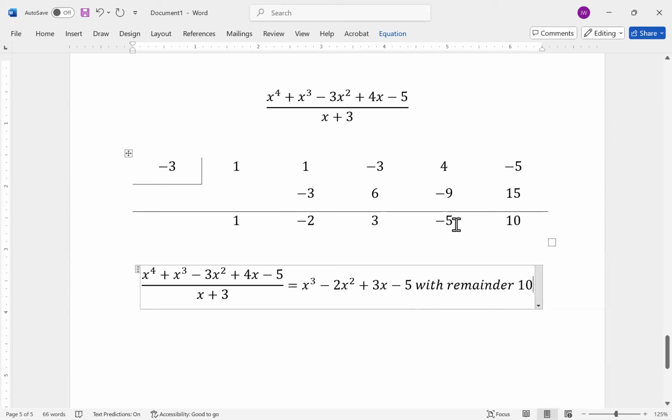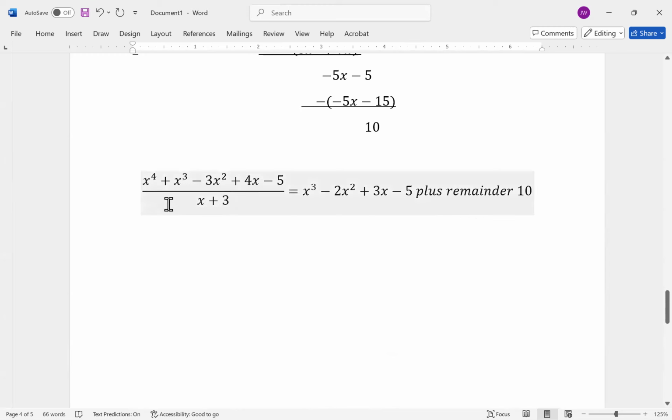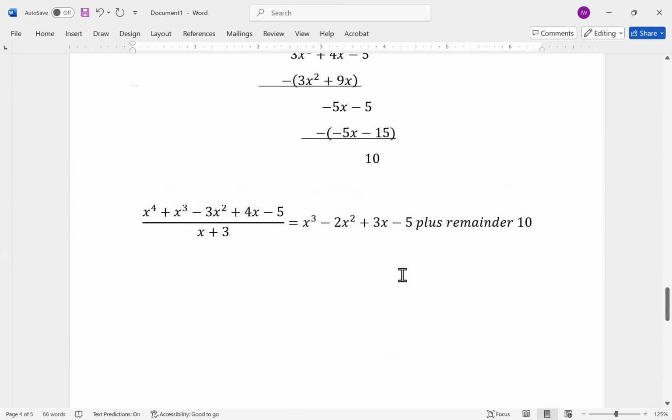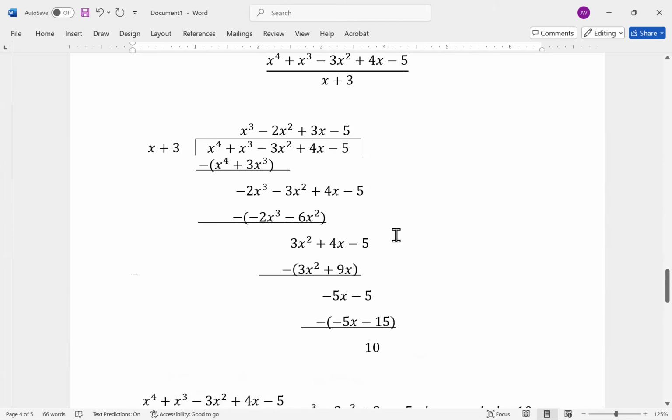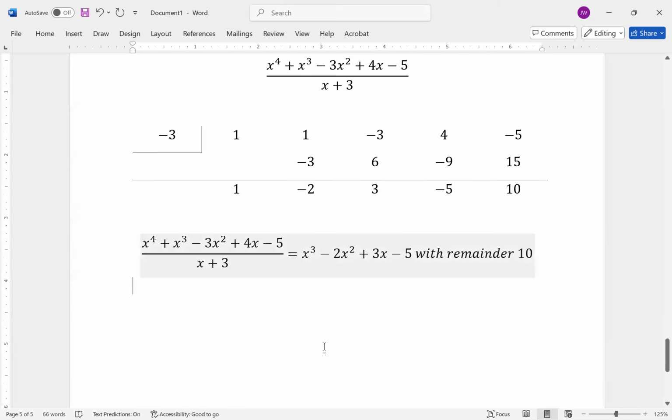Notice how this took up a lot less room than the long division process that we had before. But it gave me the exact same answer as the long division process. I won't go through why it does that, but you can imagine why it does that. And if you want to look at some other video, you could probably find out why it does that.